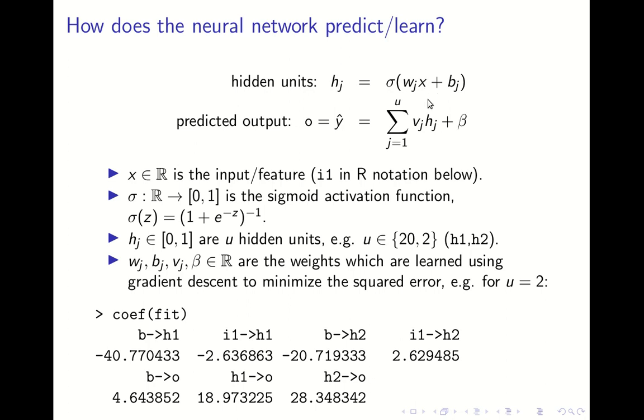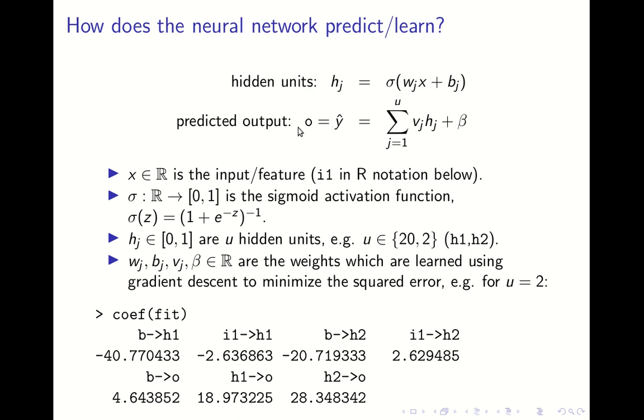After we get the value of the hidden unit, we do another affine transformation, where we take a linear combination of all of the hidden units weighted by these other weight variables vj, and then add this new bias intercept term beta, and that's how we get our final predicted output.